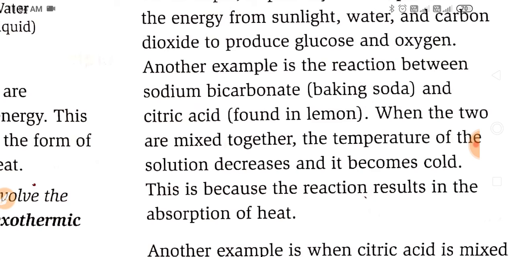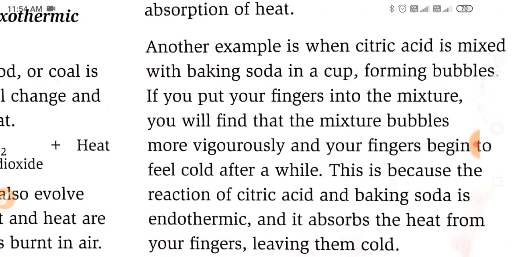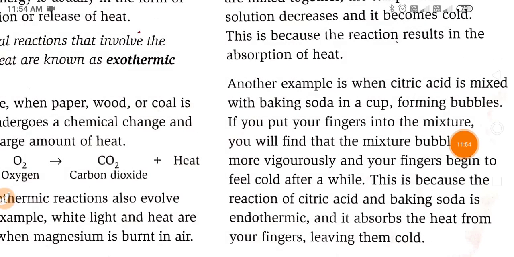When the two are mixed together, the temperature of the solution decreases and it becomes cold. This is because the reaction results in the absorption of heat. Whenever a substance becomes cold, it means absorption of heat is taking place in that reaction. Some other examples are also given, you have to read them.